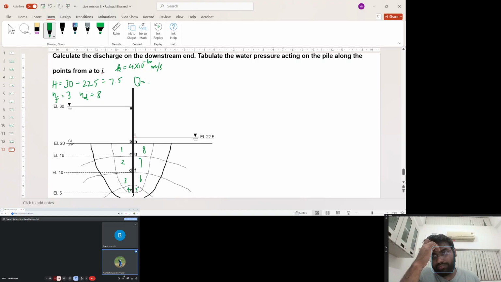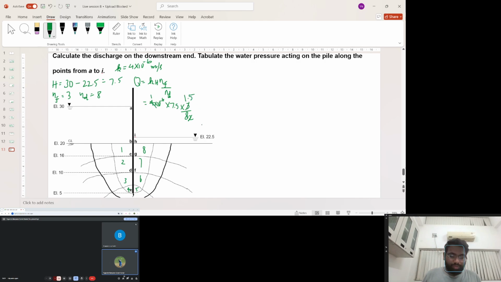Alright. Now we have to calculate the discharge. Q is equal to KH NF by ND. K is 4 into 10 power minus 6, H is 7.5, NF is 3 and ND is 8. This will be 1.5.